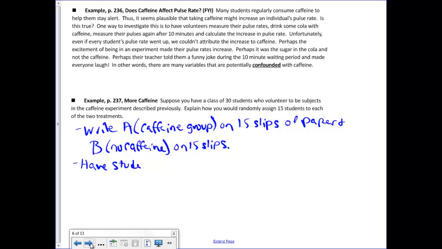Have students draw from a hat. That's probably the most simple, most practical way to divide people into groups.